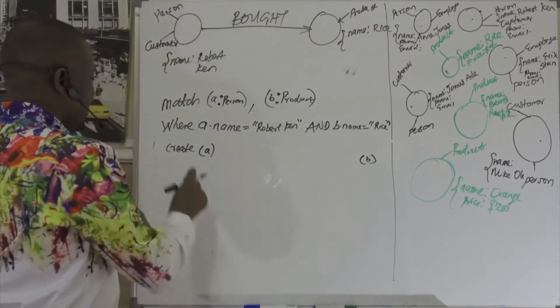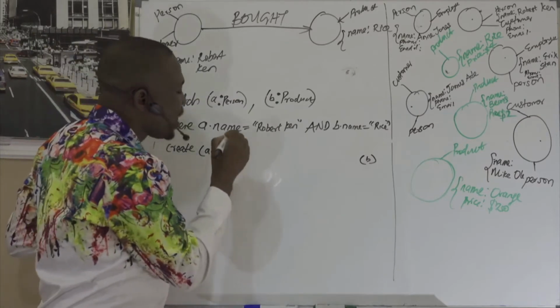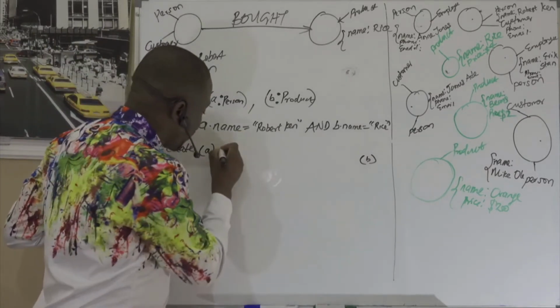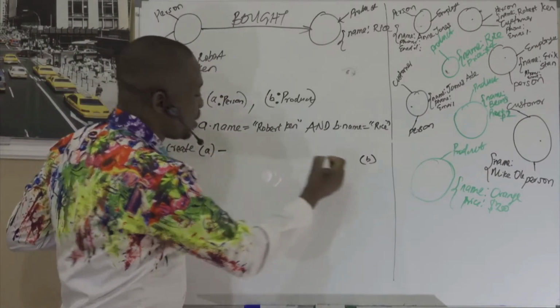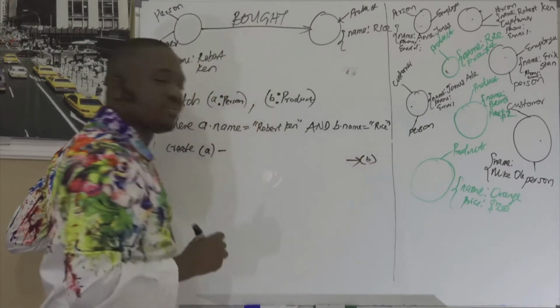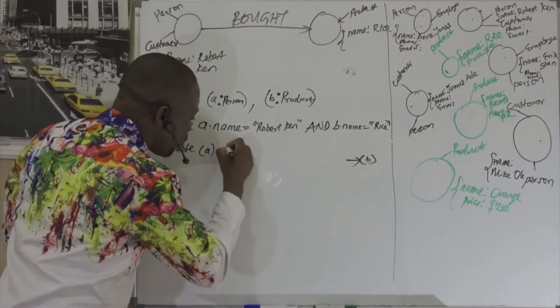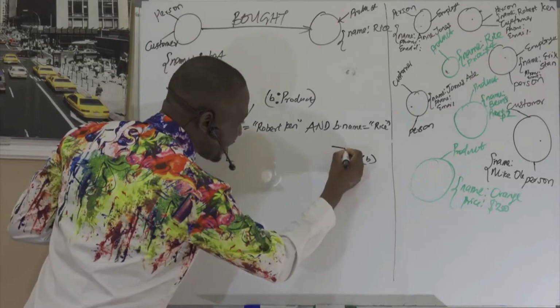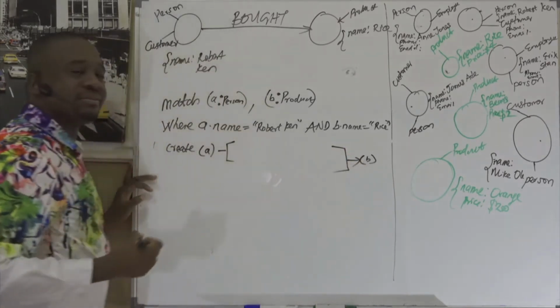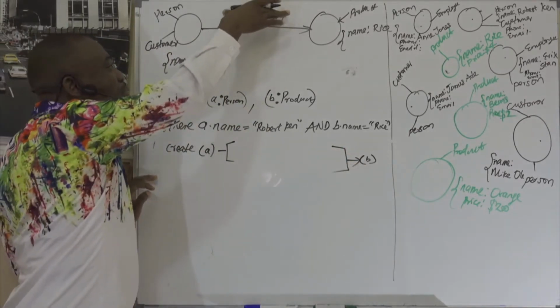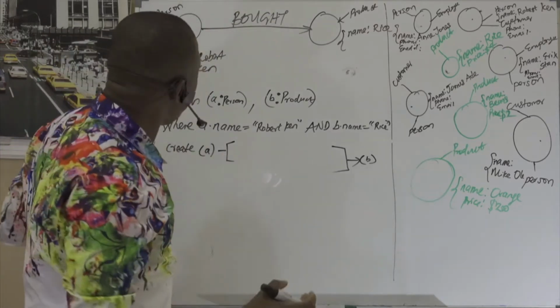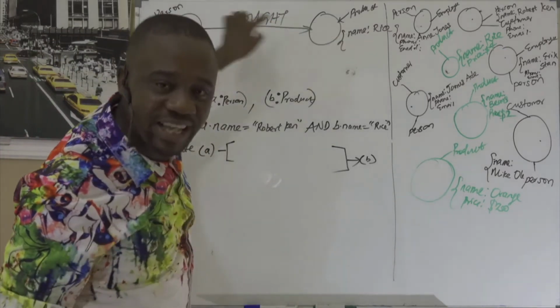I will say that. Let's continue. To create the relationship, remember I told you, I draw like this from here to this place. Then you put it in square bracket. Remember this BOT now is a label for this relationship.